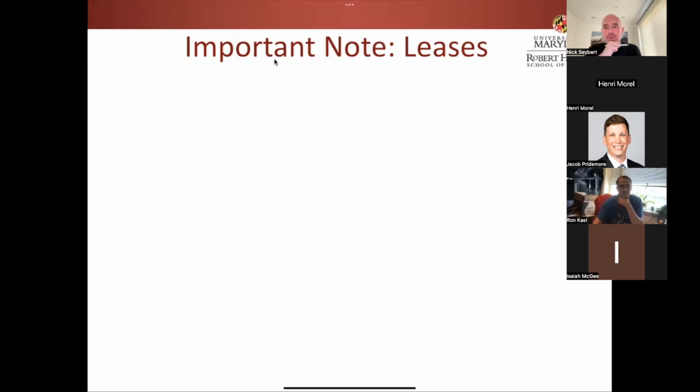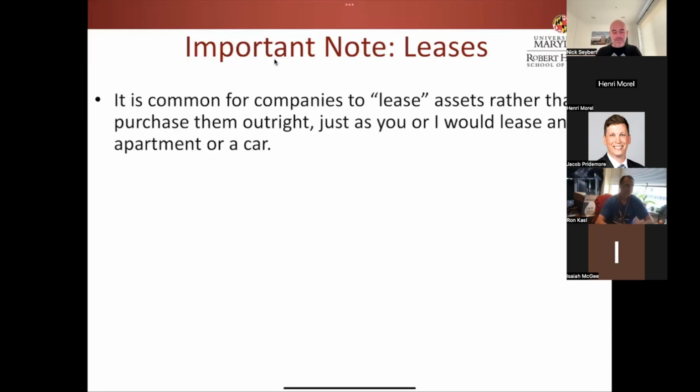So another important note, really important, and this is a fundamental, hardcore accounting thing that a lot of people don't know about: leases. It's really common that instead of buying a building or an airplane or a fleet of trucks or stores, a company leases them.